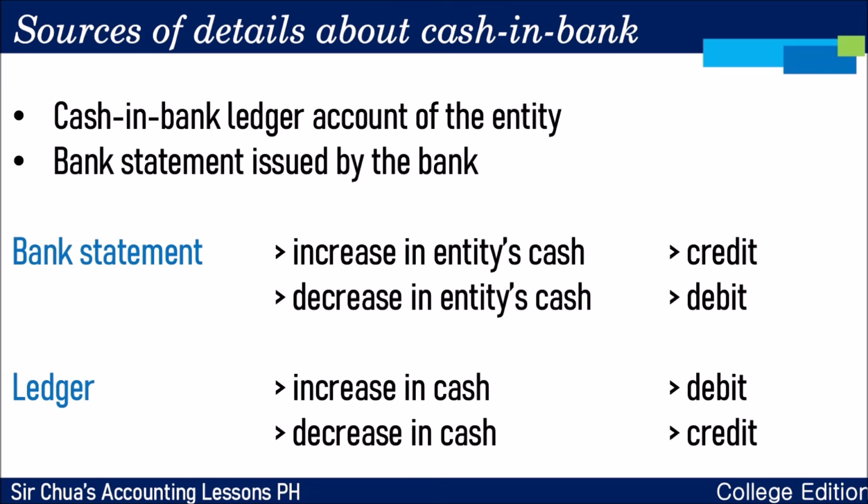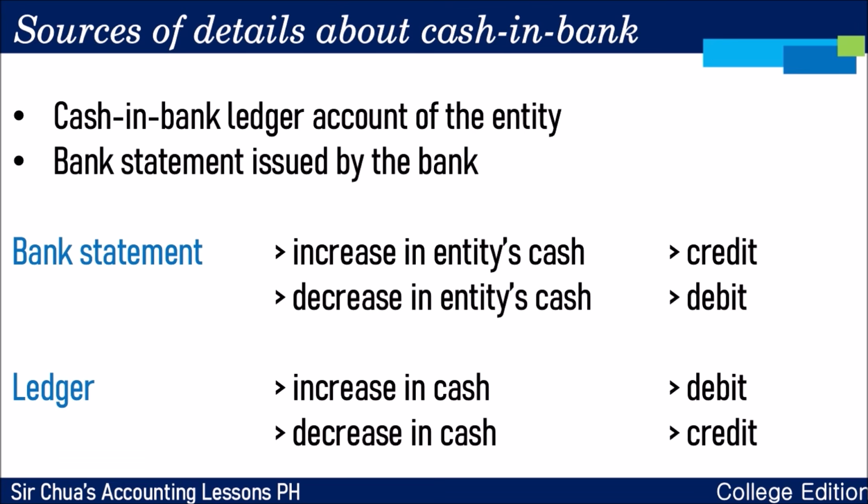The usual rules of debit and credit we are used to apply to the ledger: any increase in cash is recorded on the debit side and a decrease in cash is recorded on the credit side. So when we talk about the bank statement and there is a credit, it means an increase in cash in the company's bank account.